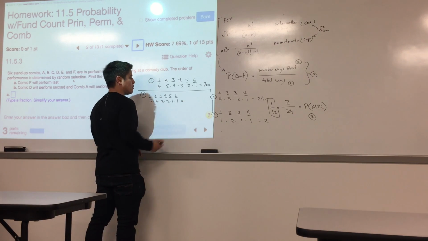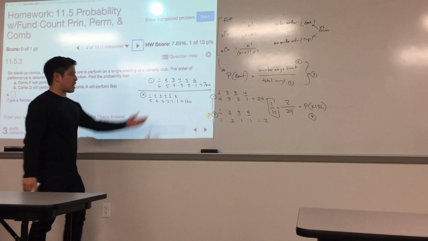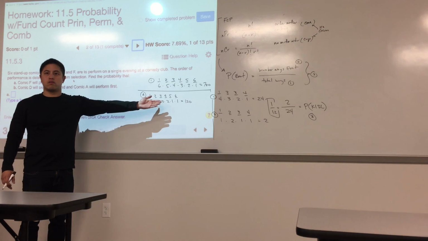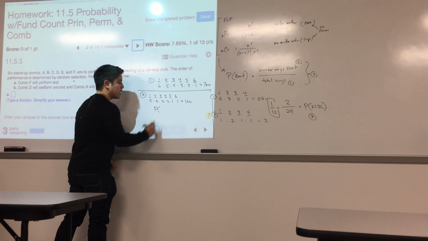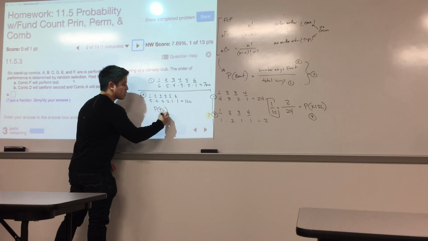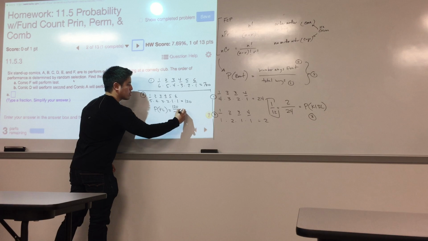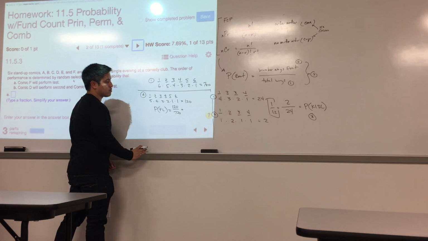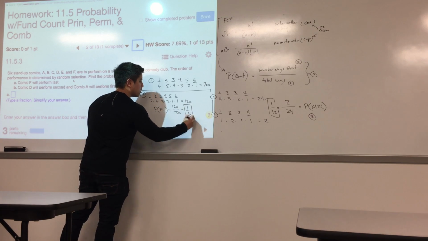What is that? 120. Now, is that the probability, 120? No. The probability for comic F last is 120 over 720, which is what? 1/6, exactly. And there it is.